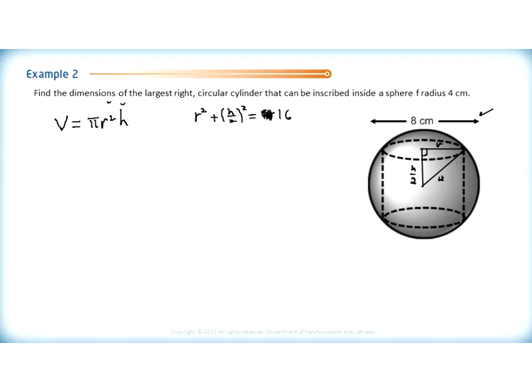All right. So then we're going to be able to replace one of our variables in our equation. It's probably going to be easiest just to replace r squared, and then we don't have to square anything in the formula. So r squared will be 16 subtract h squared over 4. So we have the volume equals pi times (16 minus h squared on 4) times h.